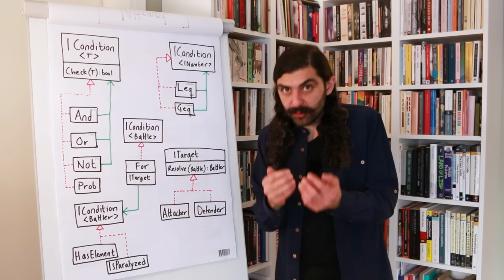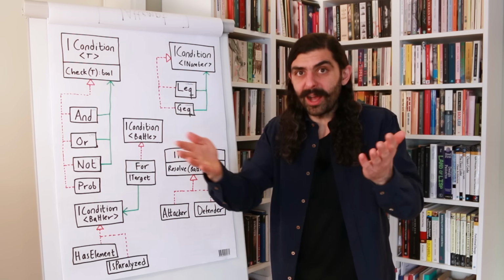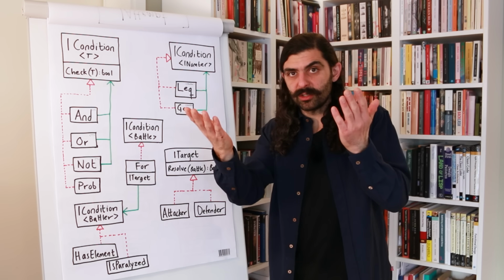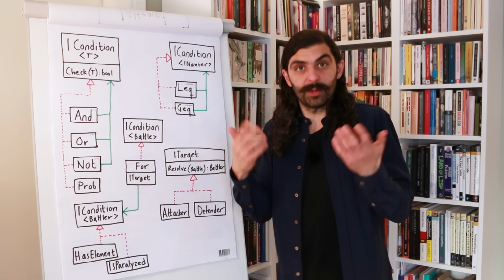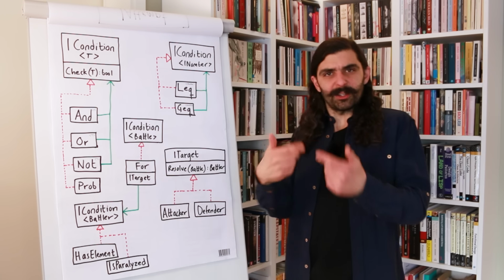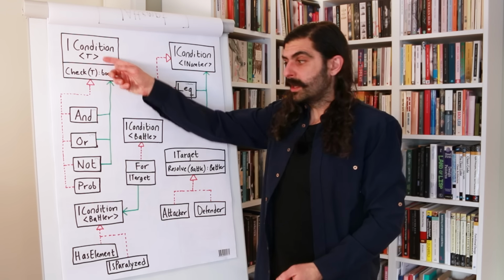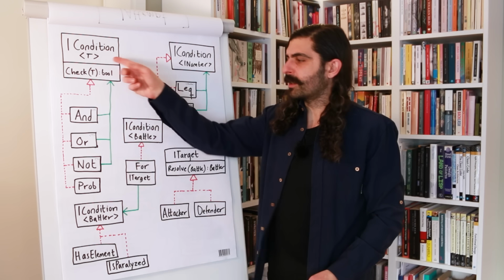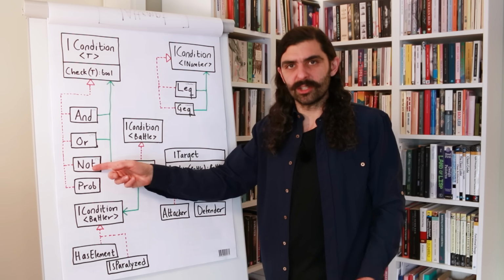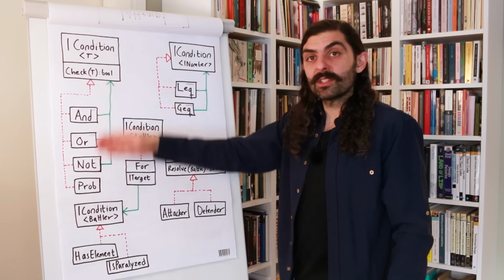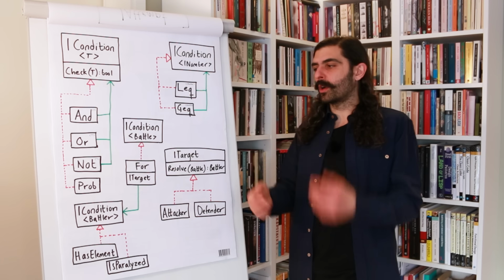The OR would also have to contain two conditions, but if one of those two subconditions happen to be true, then the OR will return true. And NOT, of course, is inverting, right? NOT would only contain one condition, and if that condition is true, then the NOT condition is false. And if the inner condition is false, then the outer NOT is true, right? This gives us a way of combining conditions to make more complex conditions.